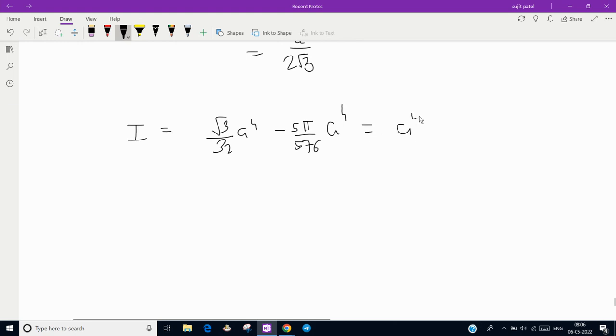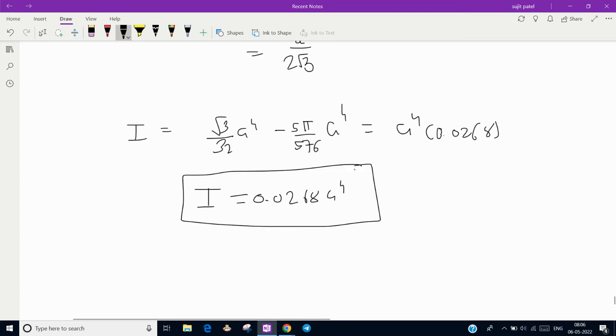So take a to the power 4 common and solve the remaining term. So you will get 0.0268. So the required moment of inertia is 0.0268 into a to the power 4. So this is the final answer, and the unit is length to the power 4.